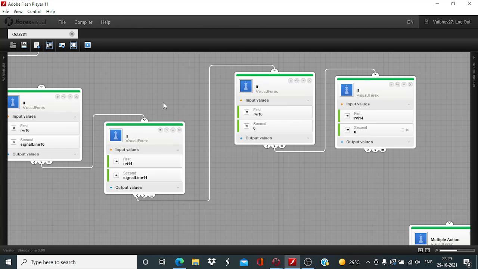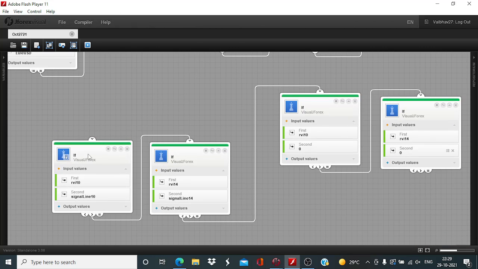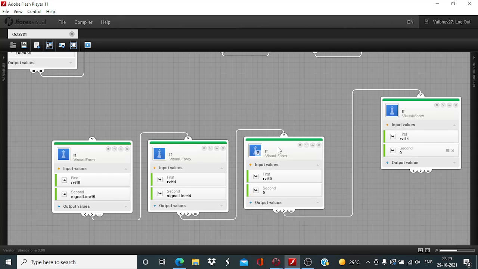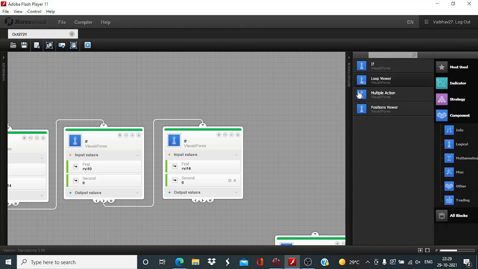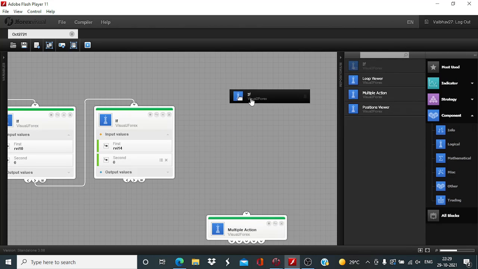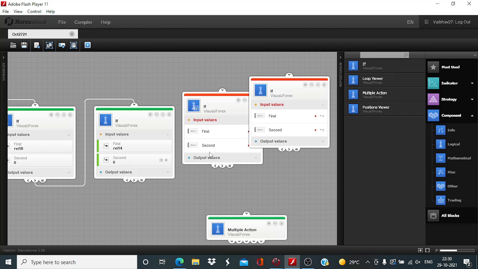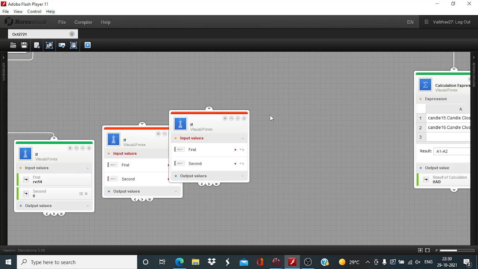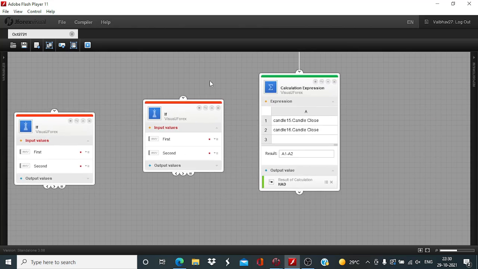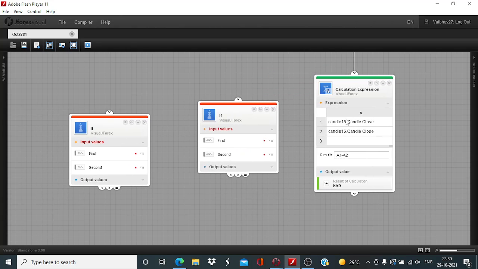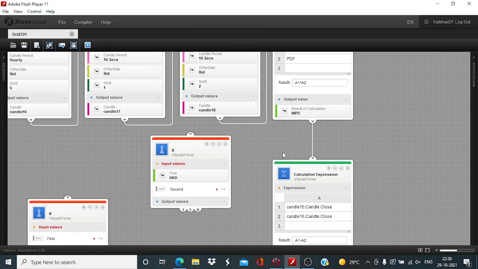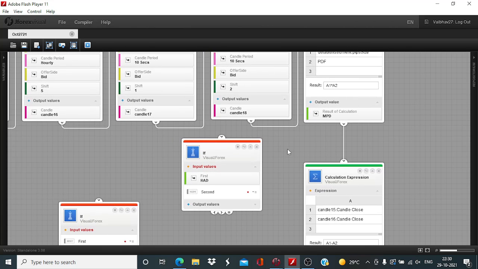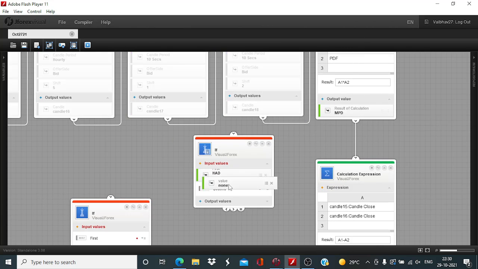Okay, so now we have this RVI formation in place, and I will add further blocks to define the price action, and for that we have to compare the actual difference between the candle 15 candle close and candle 16 candle close, and that will then be compared to the predetermined value.